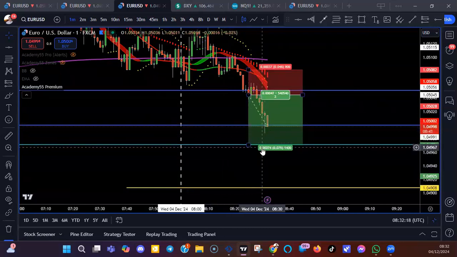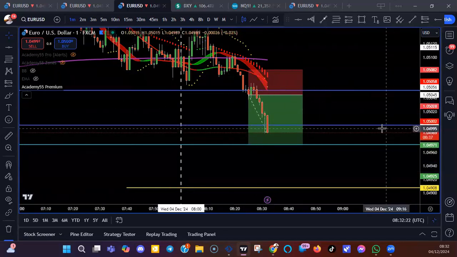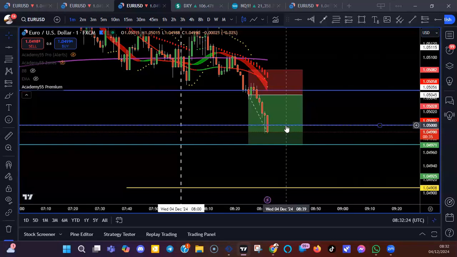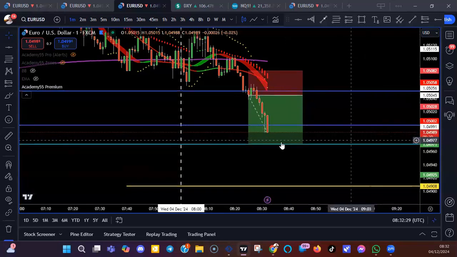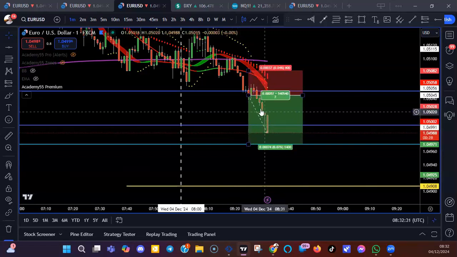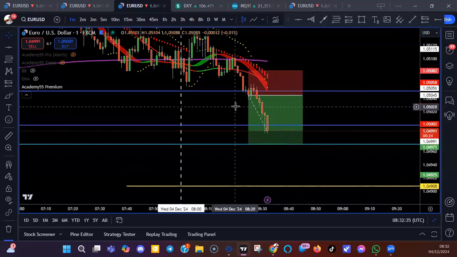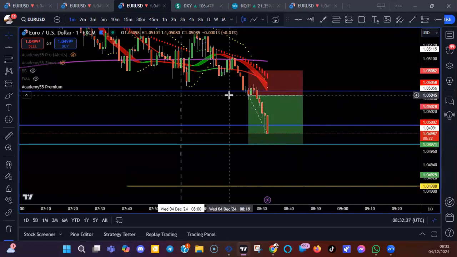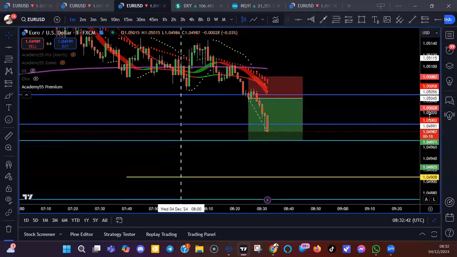Sending a tracer down now to go even deeper. So it's gone past the key zone area, but it did react off it, and it could have come back, and I would have had my stop loss there, protecting my equity as much as possible.